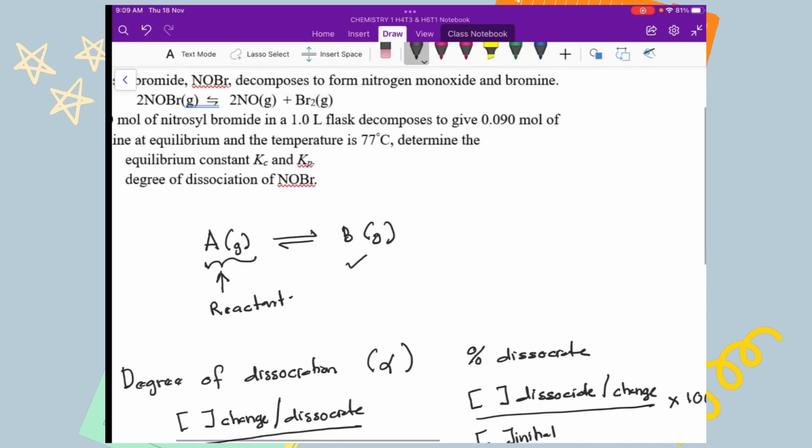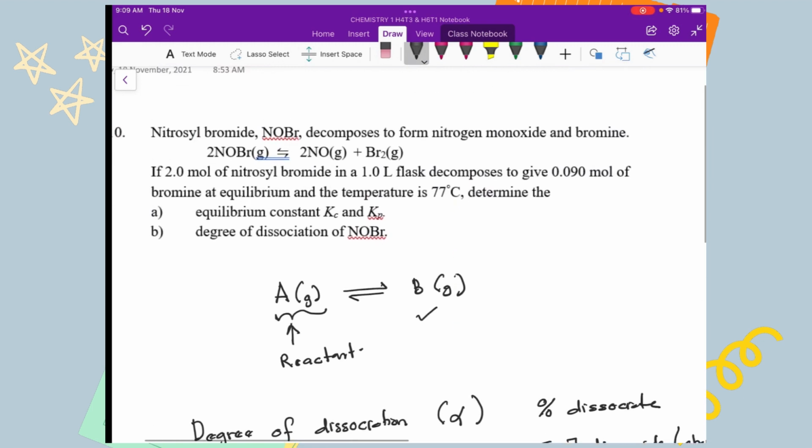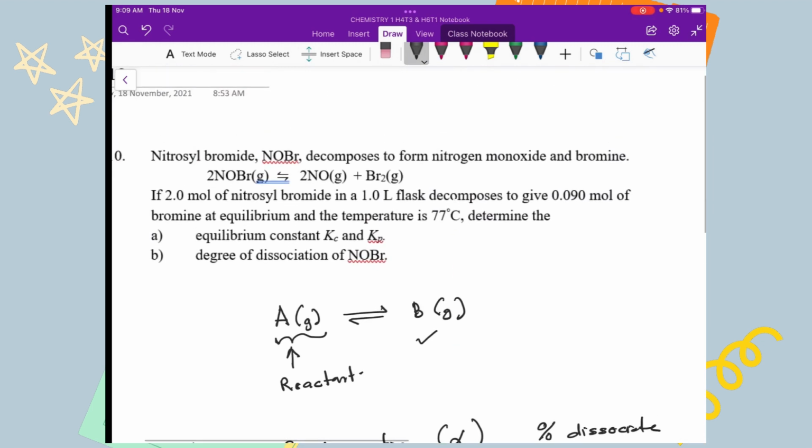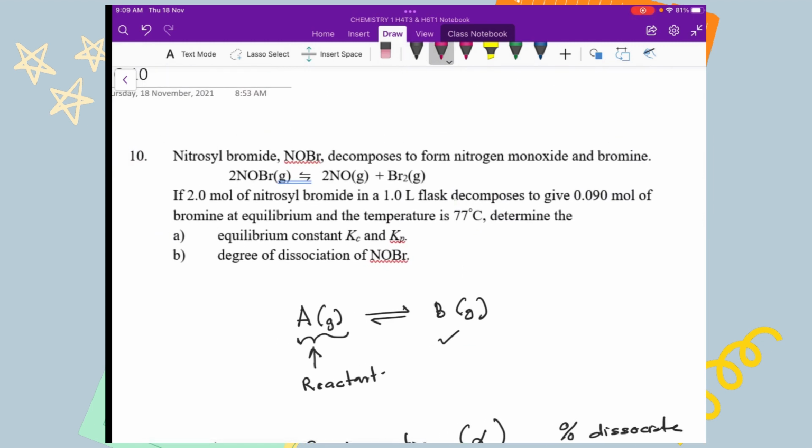Now let's look at this question. This is our tutorial question number 10. The question says nitrosyl bromide decomposes to form nitrogen monoxide and bromine according to the equation.